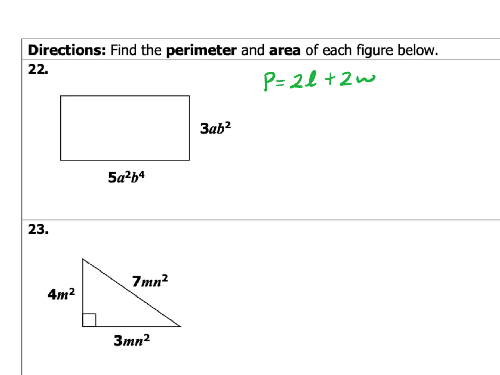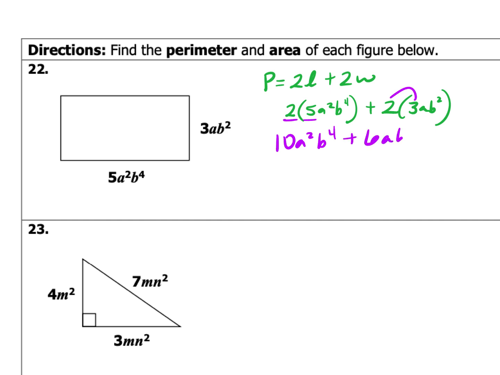So if I double the length, 5a squared b to the 4th, and I double the width, 3ab squared, really what I'm multiplying here are my two numbers. So that's 10a squared b to the 4th, and then 6ab squared. And then you ask yourself, do I have like terms? Can I actually add these together? And you can't, so you're done.